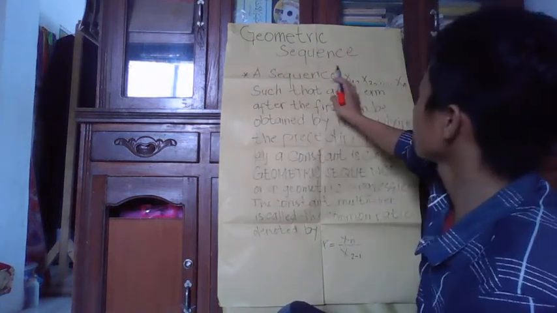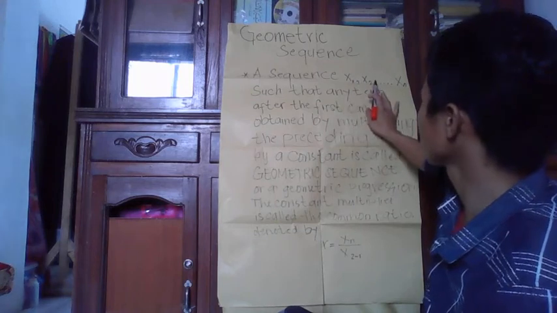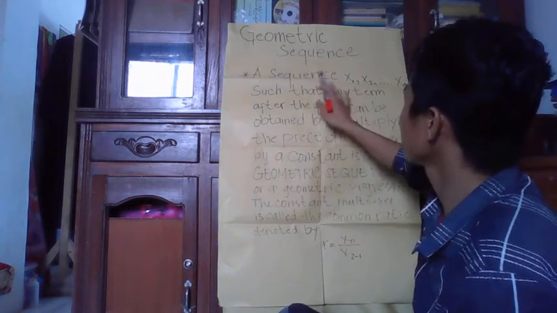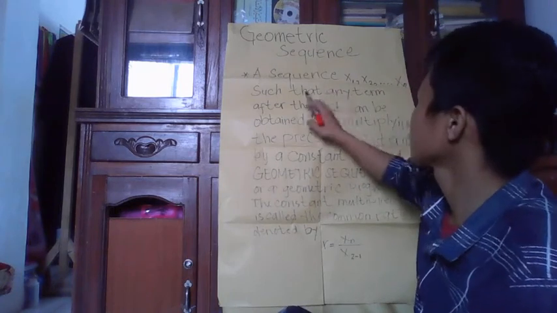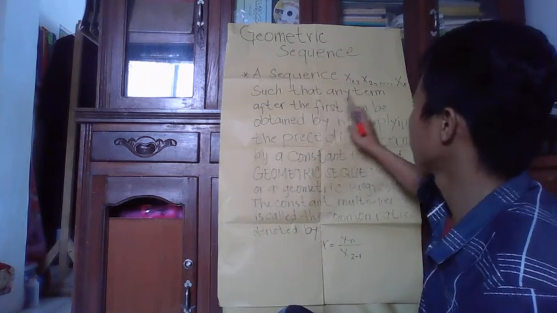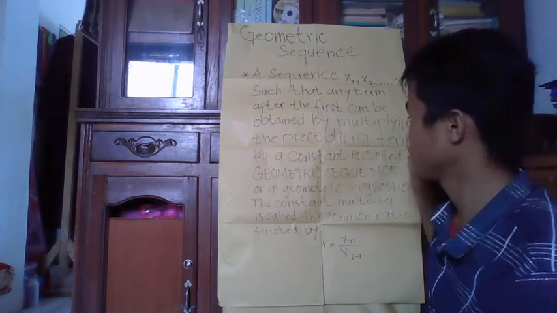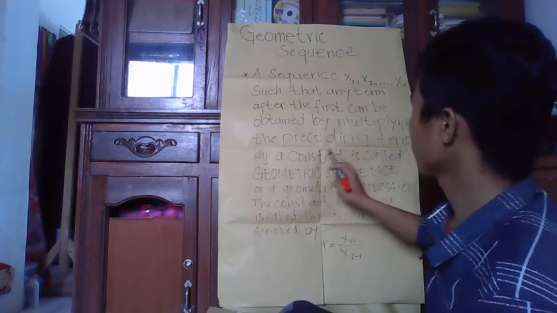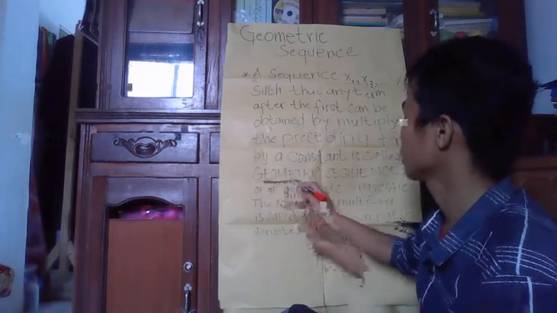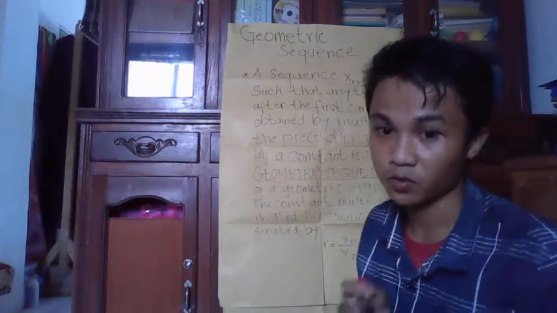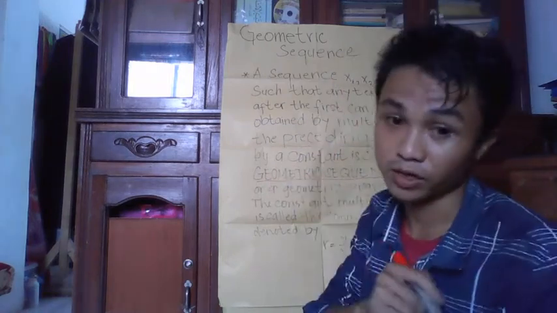A geometric sequence x sub 1, x sub 2, up to x sub n, such that any term after the first can be obtained by multiplying the preceding term by a constant is called a geometric sequence. So, yun yung definition ng ating topic.